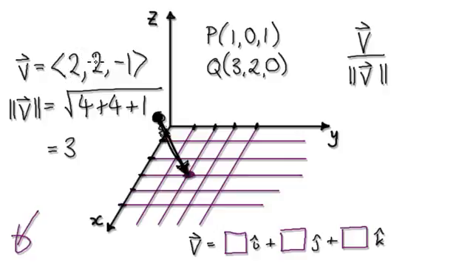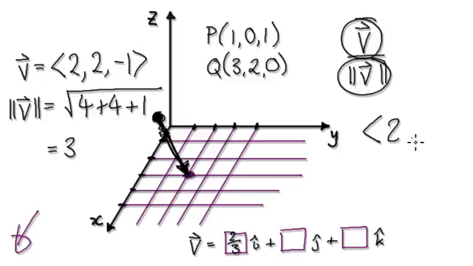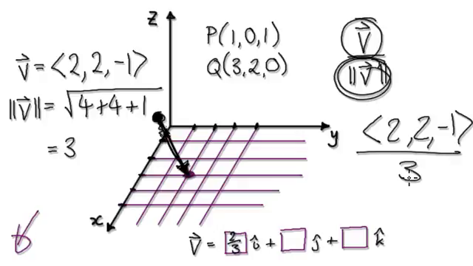So if we want to express it in this form, just look at each individual component. So this is in the x direction, y direction, z direction. So this will be 2 over 3, because we are dividing our vector by its magnitude. So this thing divided by the magnitude, but basically it's going to be this 2, 2, negative 1. This is our vector, but then we've got to divide it by its magnitude, which is 3.